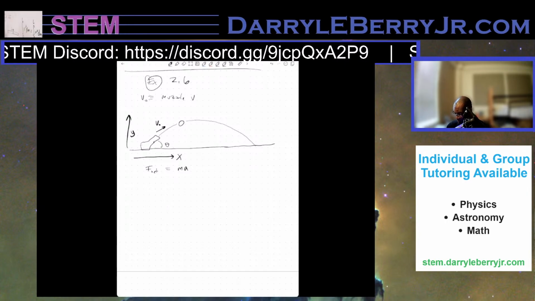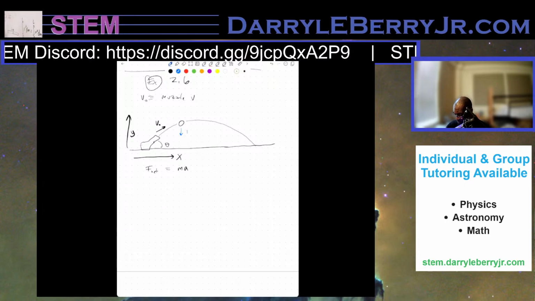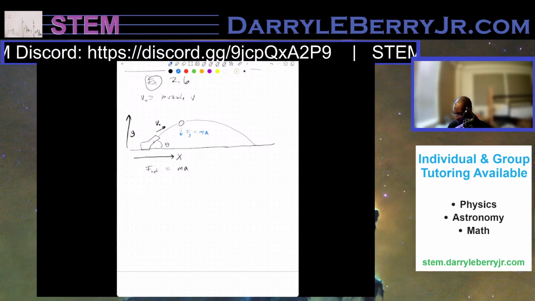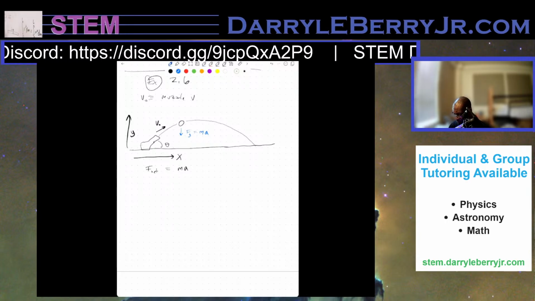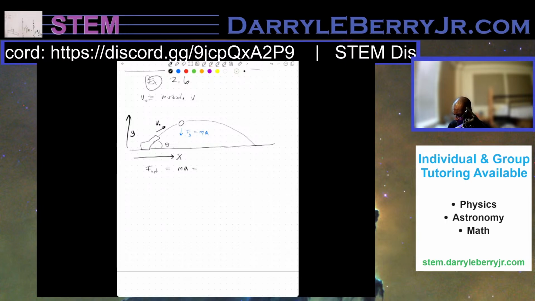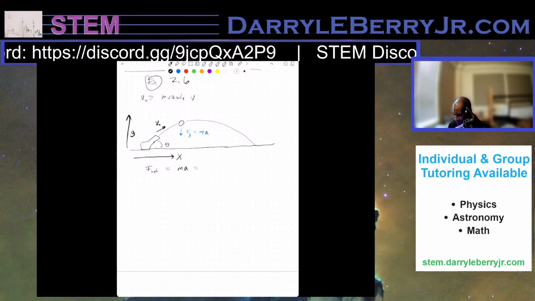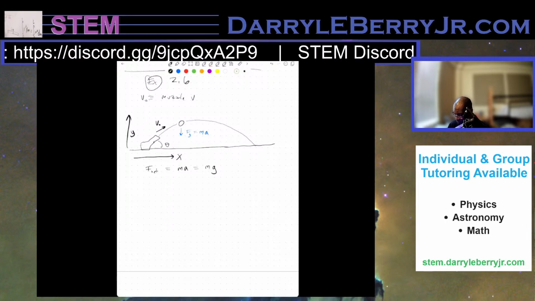So the only force on it is Fg equals ma, excluding air resistance, which equals mg.